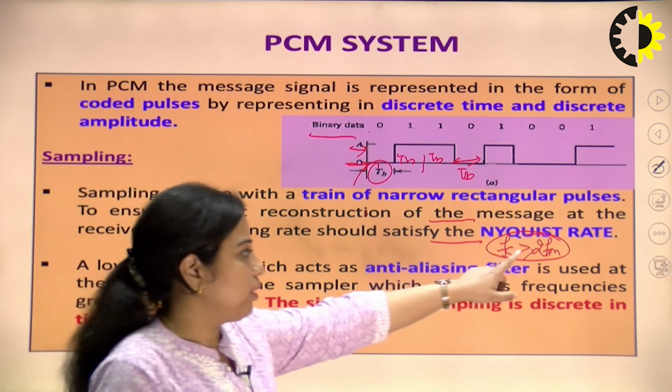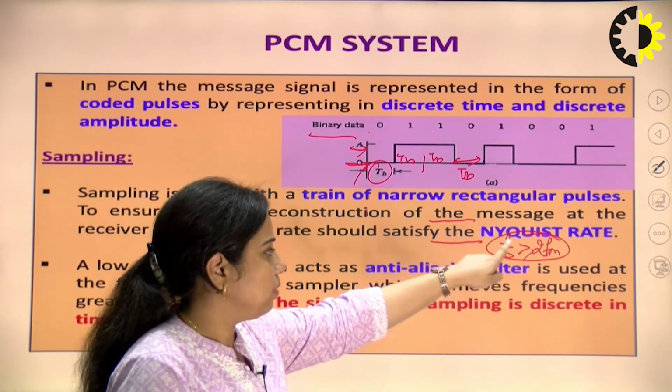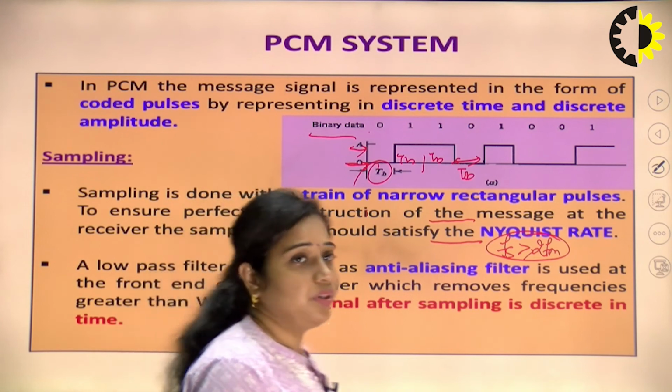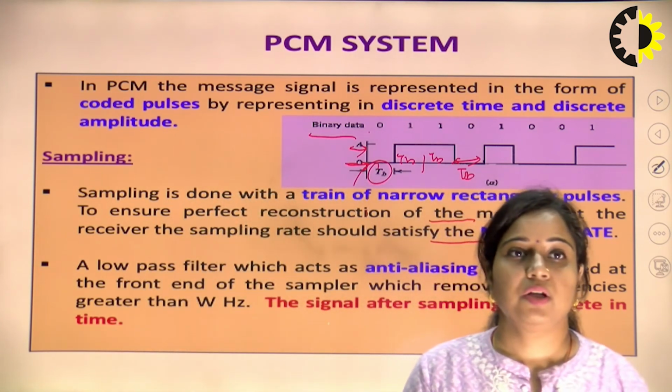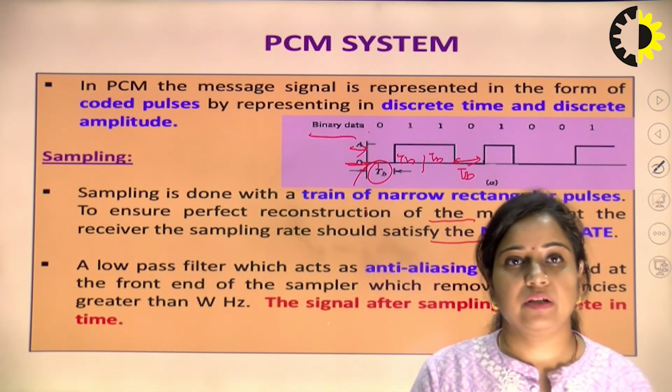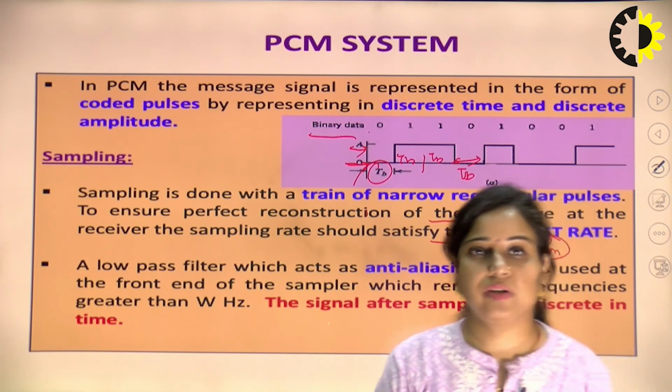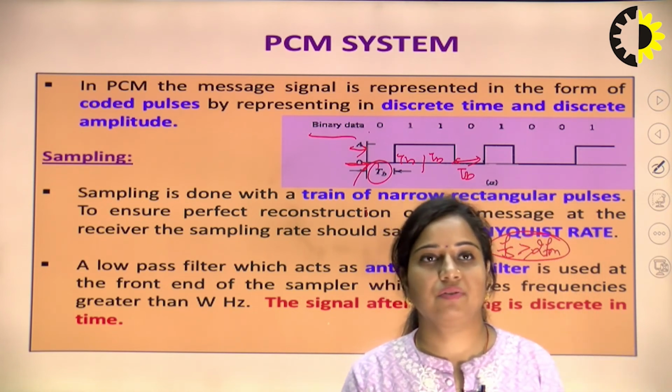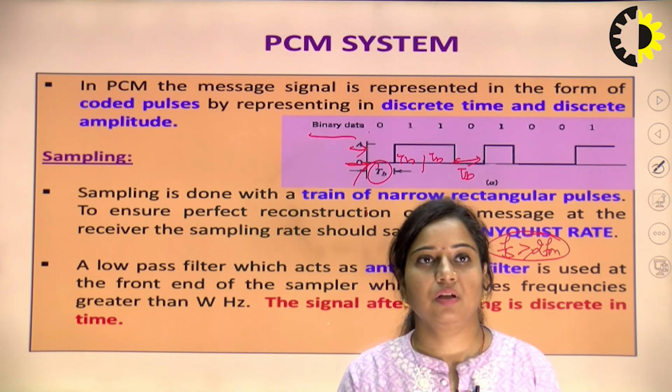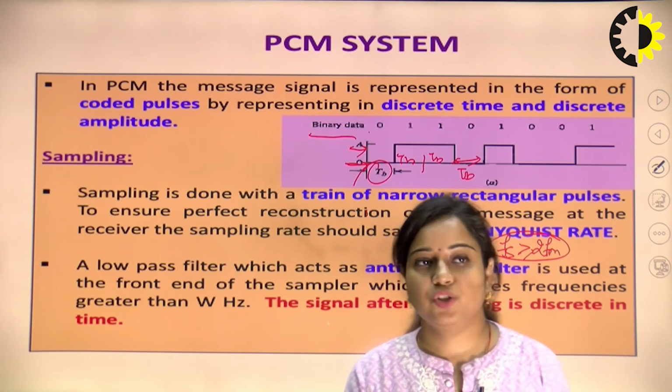We have to multiply it by 2 and it should always be less than or equal to the sampling frequency. If we consider this Nyquist rate, then the signal reconstructed after interpolation has much better quality.